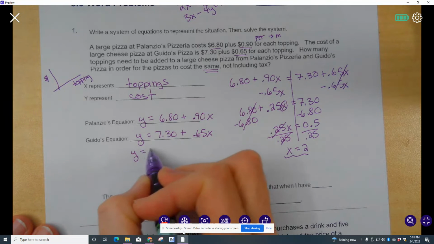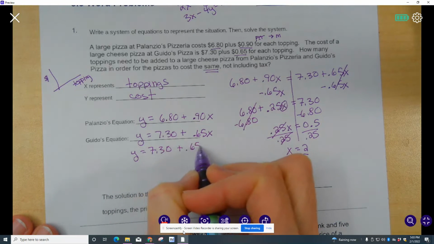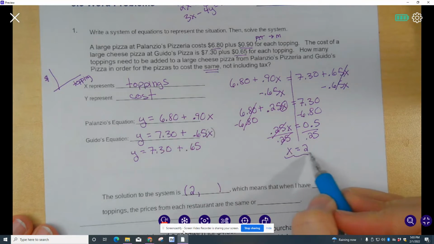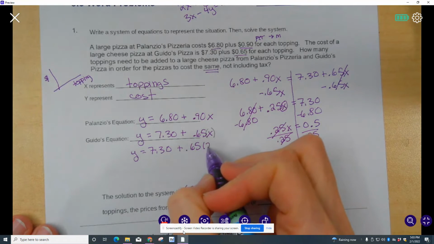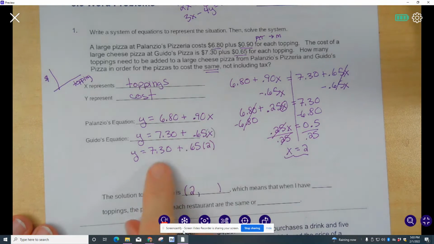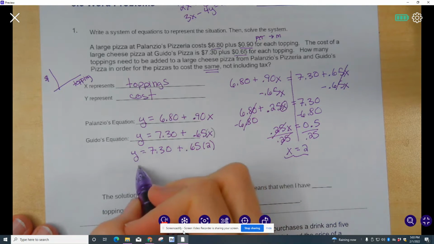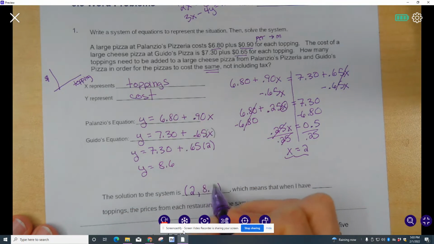I'm going to copy everything until I get to the x, and substitute in x equals 2 for the x in this equation. Then this whole line you can put in your calculator, and if you do that, you'll get 8.6. So my y is 8.6.